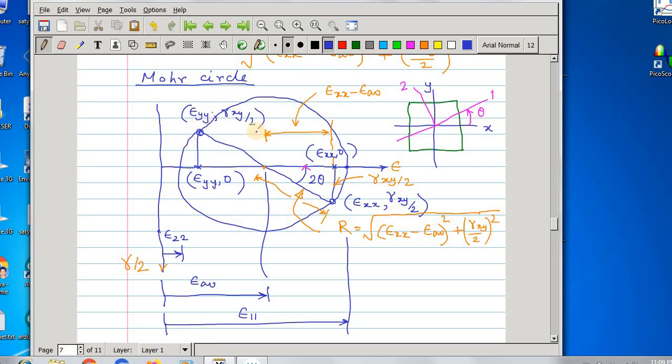Okay, so here epsilon yy and minus gamma xy by 2.